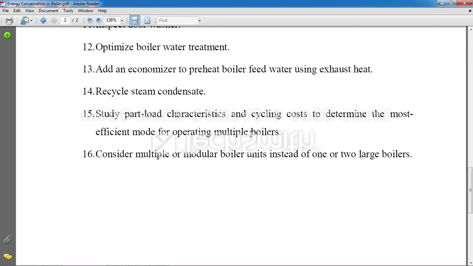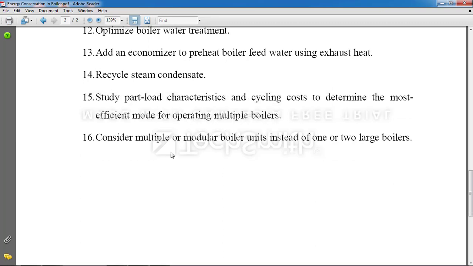This is a point which the power plant people know, how to capitalize on the cycle of a boiler. They know for how much time the boiler should be in working condition. That is a trial and error method, and once the person is familiar with the boiler, he knows the efficient way.